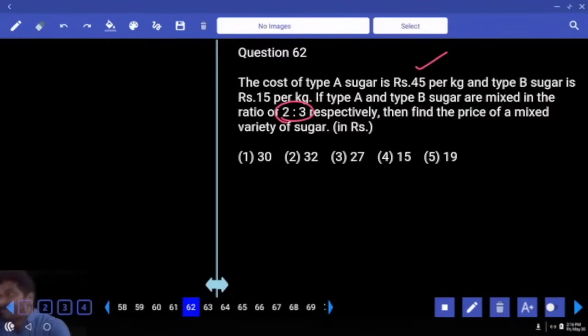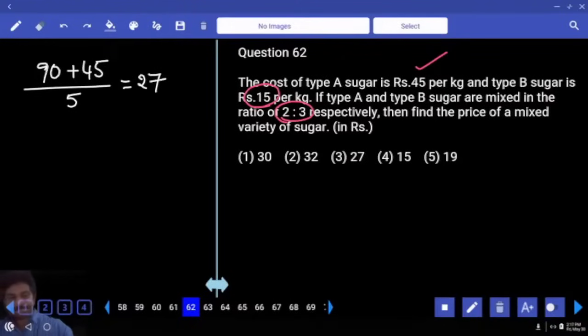First variety costs 45 rupees. 2 kgs cost 90. Second variety costs 15 rupees. 3 kgs. So this is the total cost. But we need cost per kg. Total how many kgs are there? Numerator 135 by 5, answer 27.